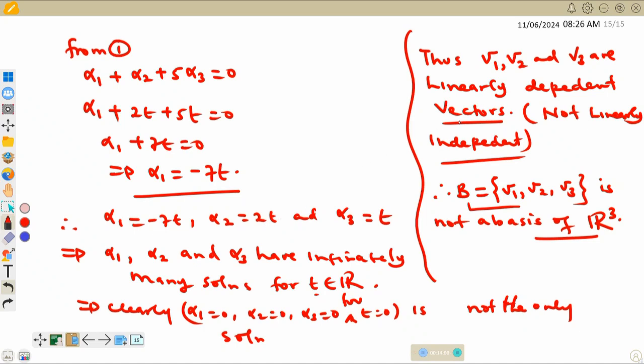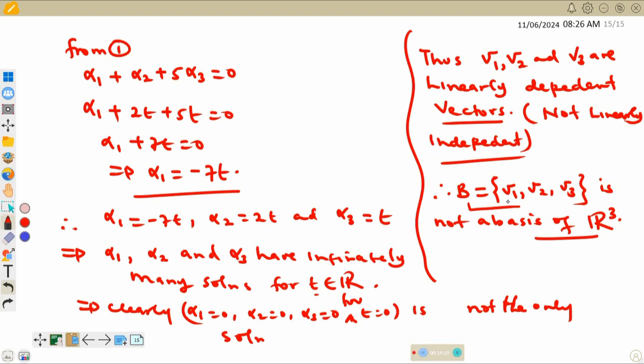So clearly, having seen that our vectors are linearly dependent, we shall give the conclusion that B, which contains vectors v1, v2, and v3, is actually not a basis of R3, because one of the conditions is not satisfied.